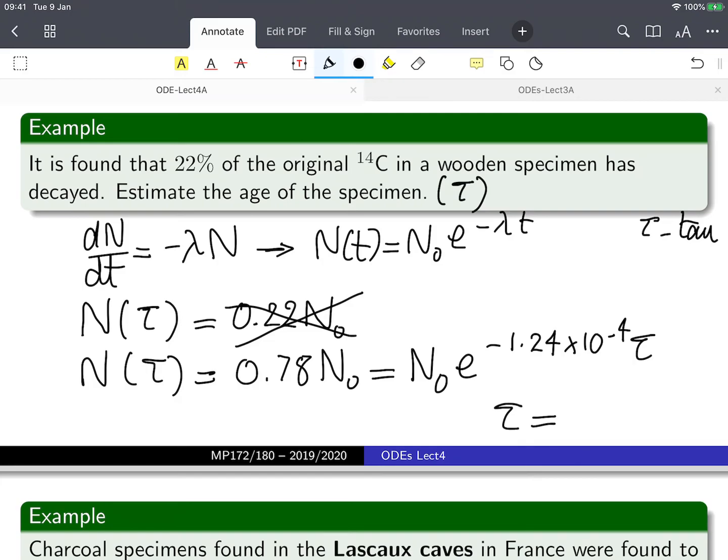Just rewrite the equation, canceling out the N0. What is tau?